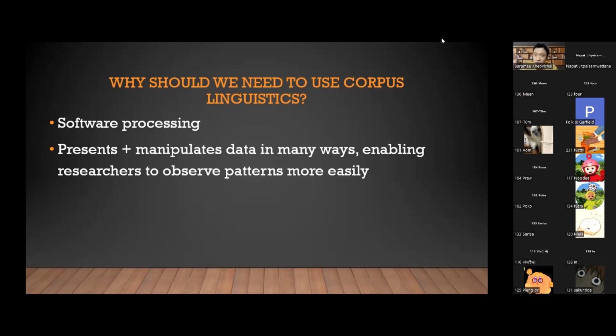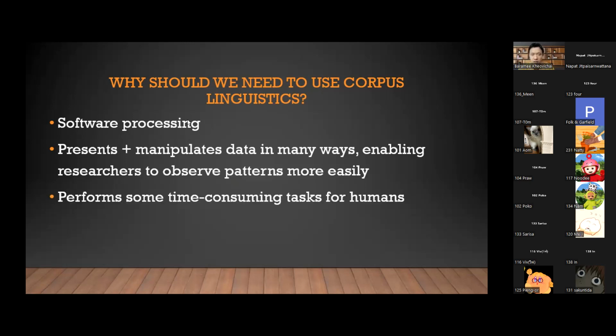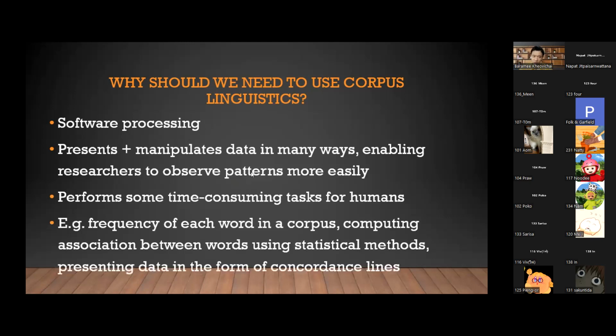Then we used the quick view to put the word responsible at the center of the screen, and then we can see the pattern more easily. It can also perform time-consuming tasks for humans.